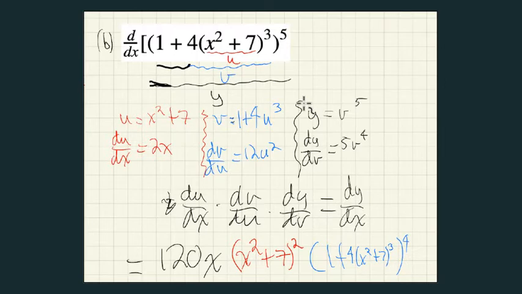Okay, so the u again is x squared plus 7. The v is 1 plus, and again, what denotes the end of it is a bracket, or a square root symbol. So you can see very clearly the first set of brackets here and here. Those are the first set of brackets.